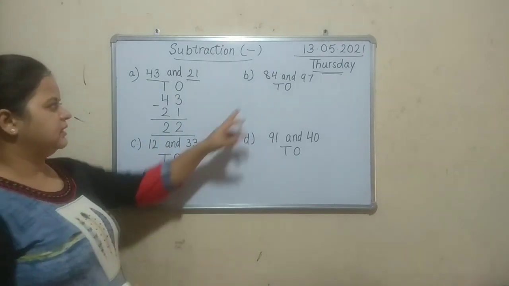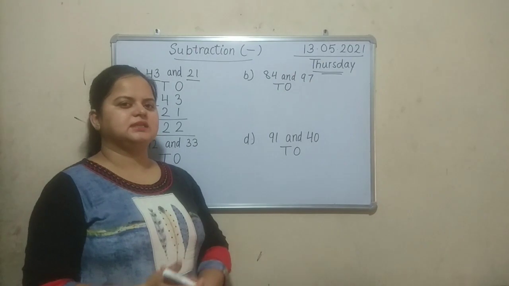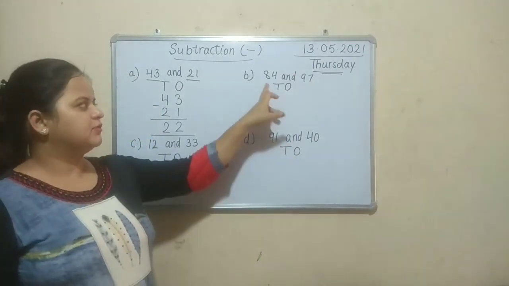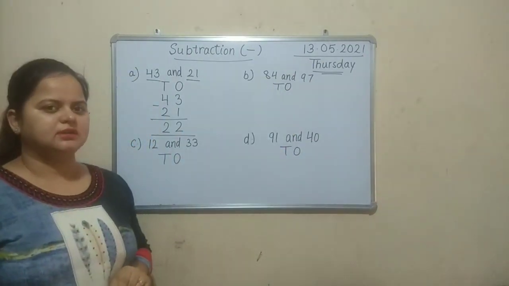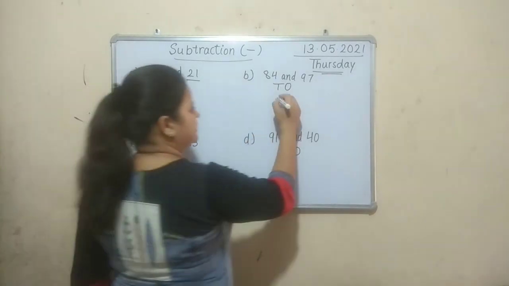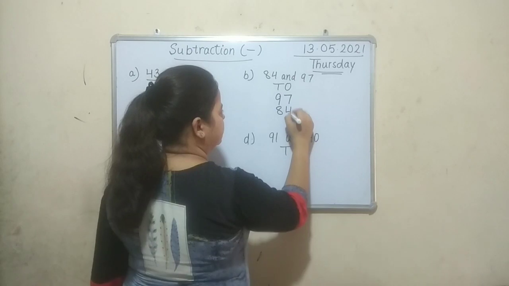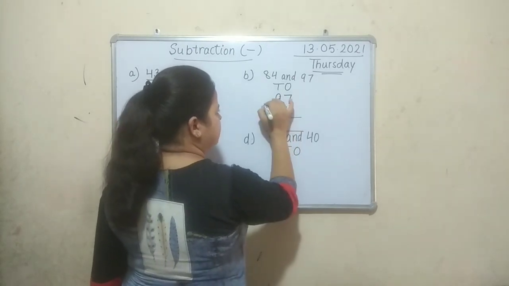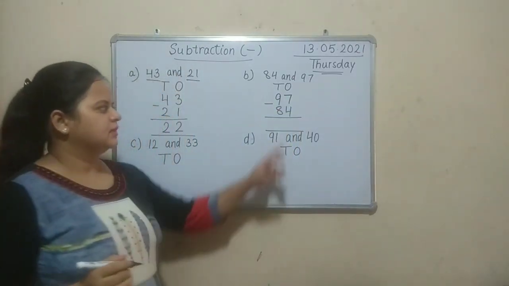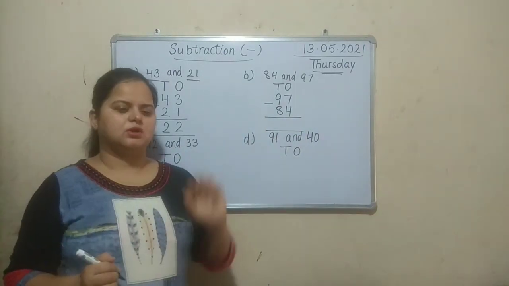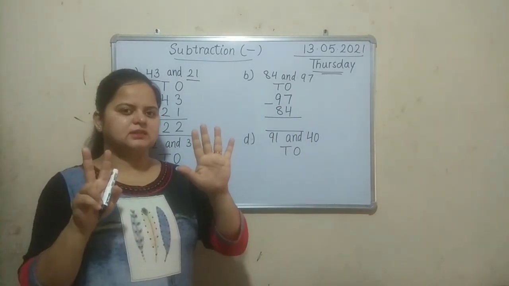Very good. The next is 84 and 97. Which is the bigger number from 84 and 97? Yes, 97 is bigger. So we will write 97 first and 84 below it and make the sign of subtraction. 7 minus 4. Now open 7 fingers.